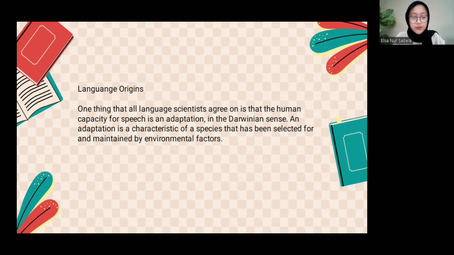So this means that at some point in the past there was variability within those species, such that some individuals had more of the relevant characteristics than others did. Those individuals who had more of the characteristic were more likely to survive and reproduce.